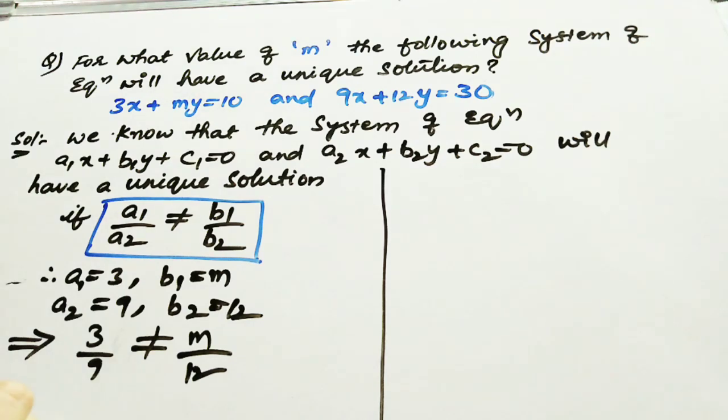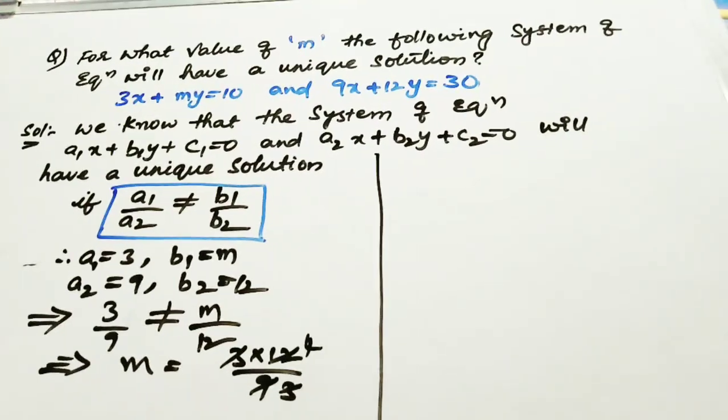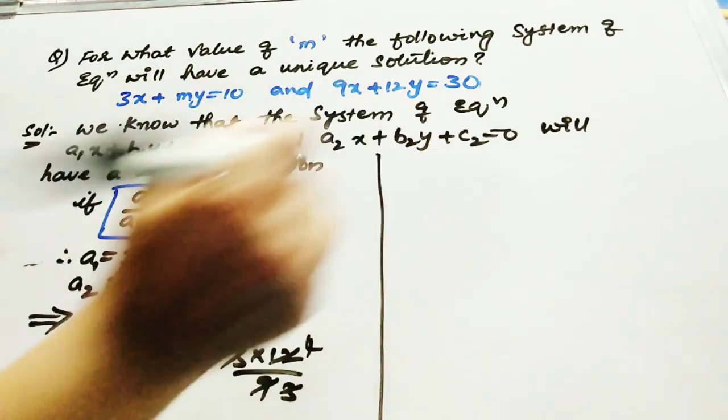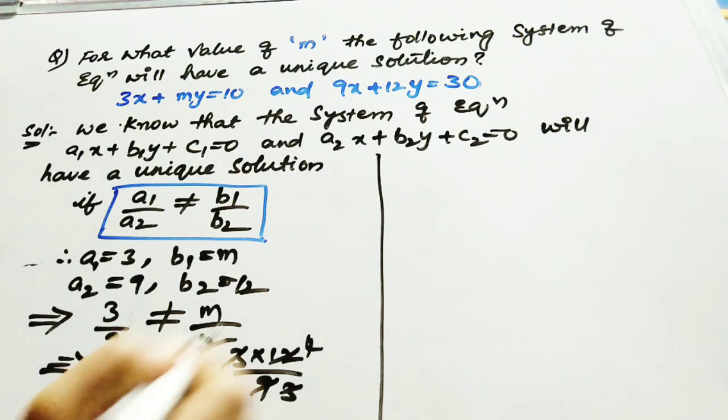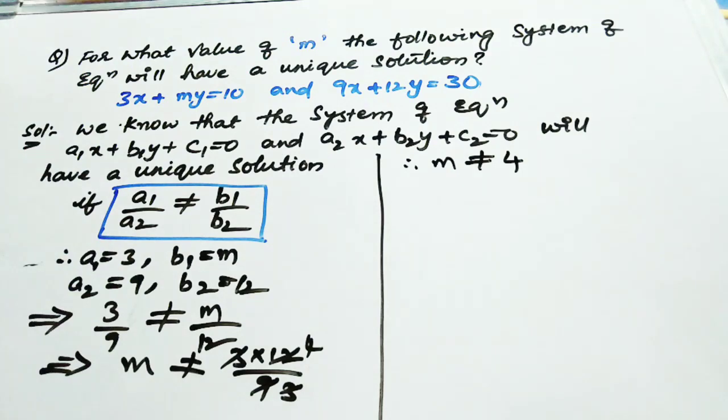So cross multiplication, what value will you get? m is not equal to 3 into 12 by 9. 3 threes are 9, 3 fours are 12. So what is the value of m? Therefore m is not equal to 4.